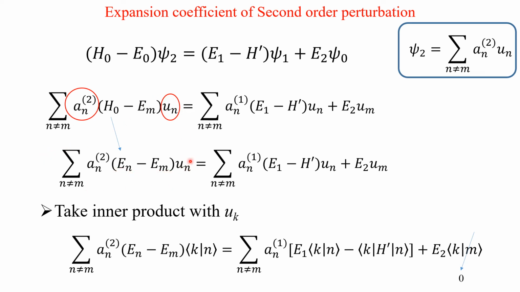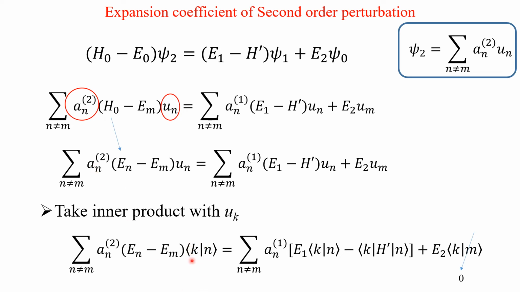This is about the left hand side. Regarding the right hand side, you don't know what will happen when H prime acts on un, because it's a perturbed Hamiltonian. Now what I am going to do is take the inner product with uk. See here, En minus Em is just a number, and an is also a number.